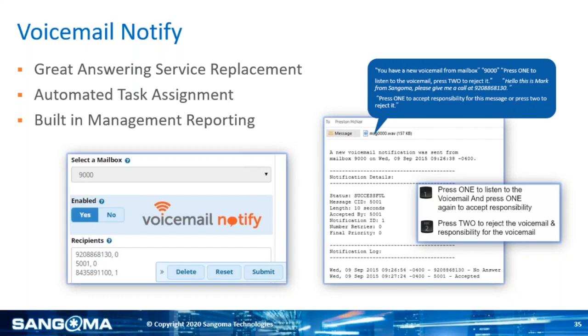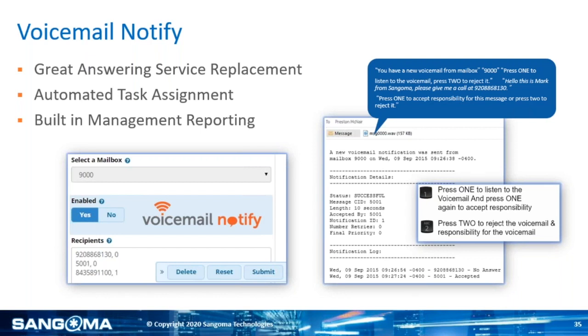Voicemail notification is something we actually wrote for ourselves. It's a great answering service replacement. The way it works is you call into a queue, ring group, or individual, and it goes to voicemail. The voicemail will get left, and it will then try to find someone to take ownership of the voicemail.